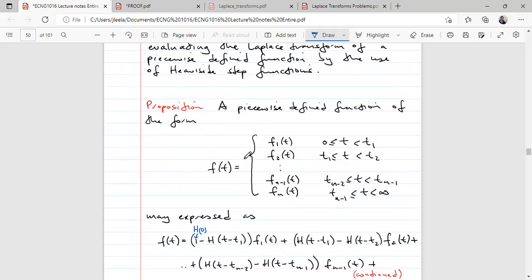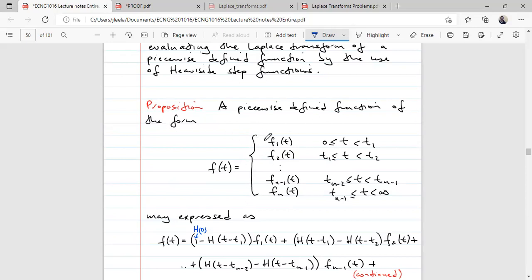It's f2(t) between t1 and t2, and so on. f(n-1)(t) between t(n-2) and t(n-1), and fn(t) between t(n-1) and infinity, right? So in other words, this is just greater than or equal to t(n-1), right? And I said 4 parts, but this is actually n parts, right?